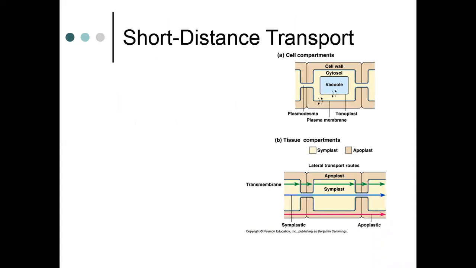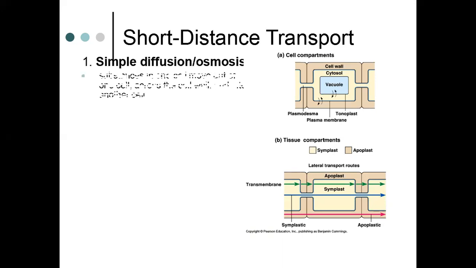Short distance transport: the pictorial view describes how water moves through the cell and through the inner part of the cell like the vacuole. Through simple diffusion or osmosis, substances move out of one cell across the cell wall or into another cell. It means movement from one cell to another.